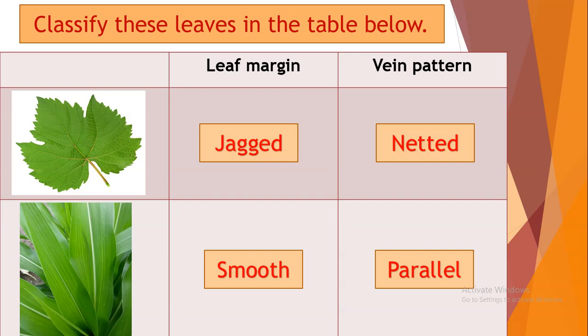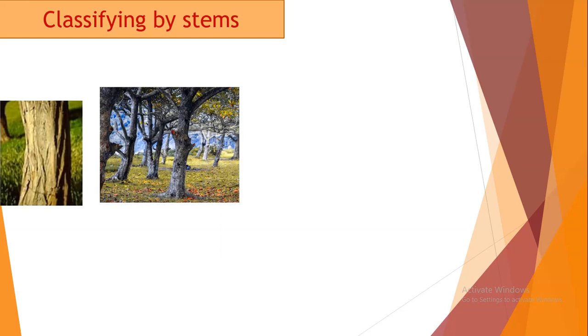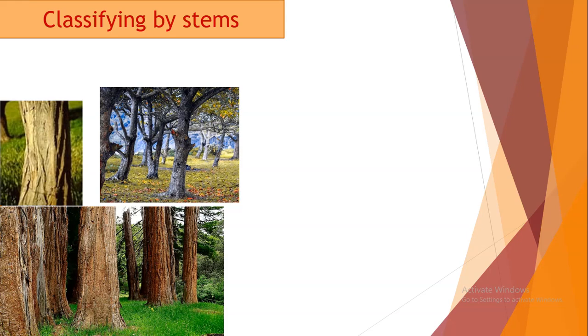Okay, now classifying by stems. Look at these pictures. As you can see, these are woody stems. Now, most trees have hard, woody stems. They are protected by bark.